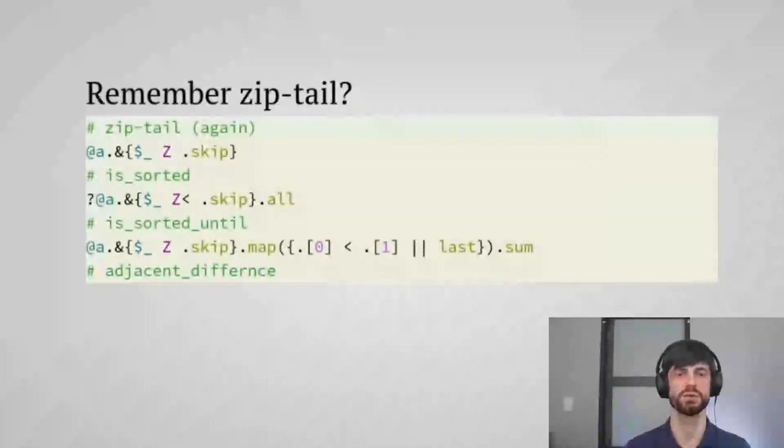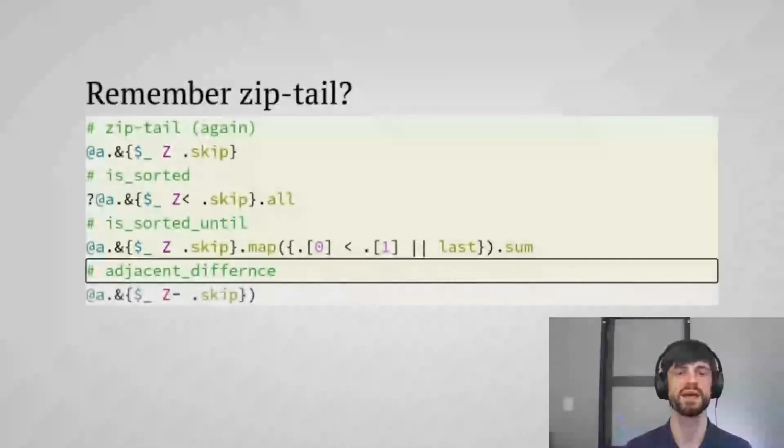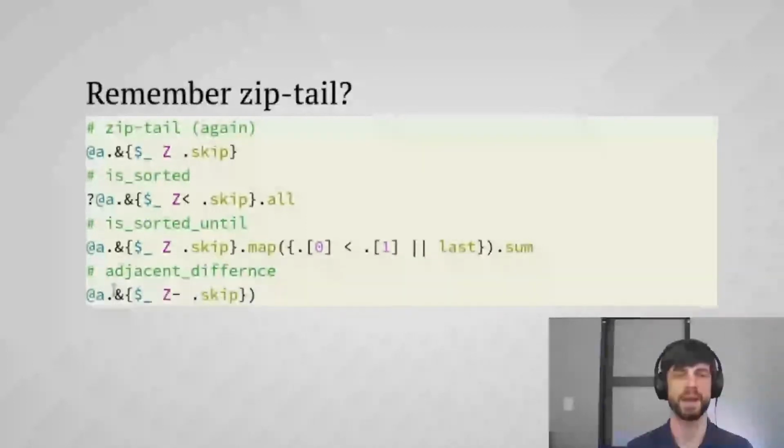It tells you what the difference between each adjacent pair of items in the list is. That is, what is the first item minus the second item. And that's exactly what this implementation does. Ziptail applying minus as our binary operator gives us the adjacent difference.